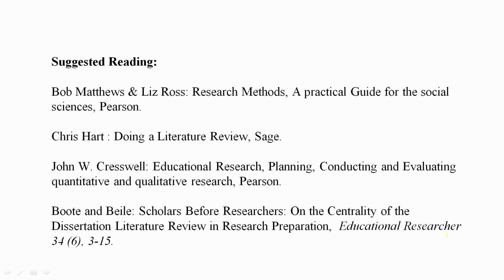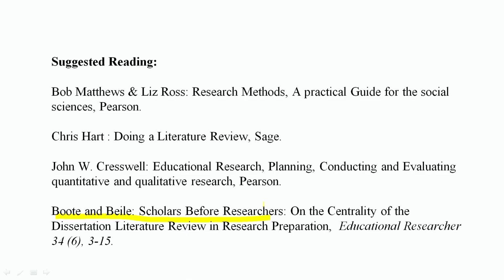Basically these books are dealing with research methodology, but the chapter of review of literature are quite useful. I often used the references of these books while I made these lectures. The last one, Booth and Bailey, this is a research paper. While you go through this research paper, you will get a better idea about the importance of literature review in dissertation preparations.